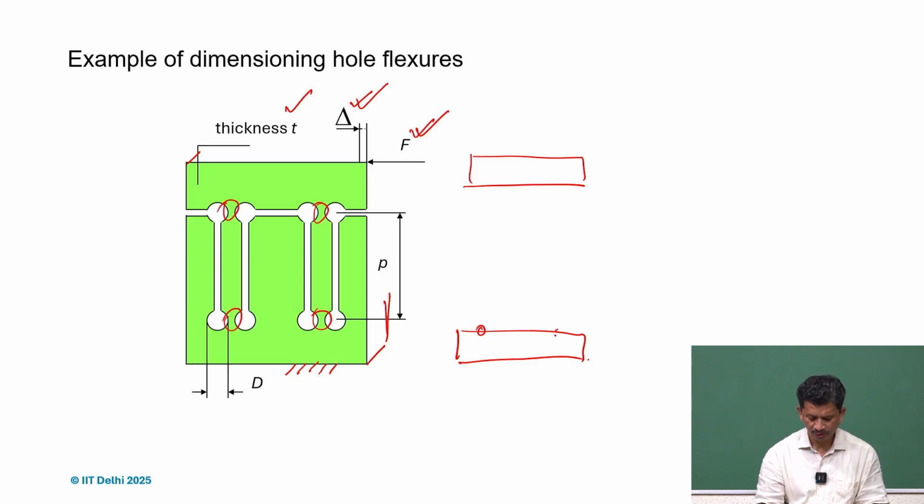So these are my hinge locations, and I can simply connect through a rigid member. So these are my hinge points.